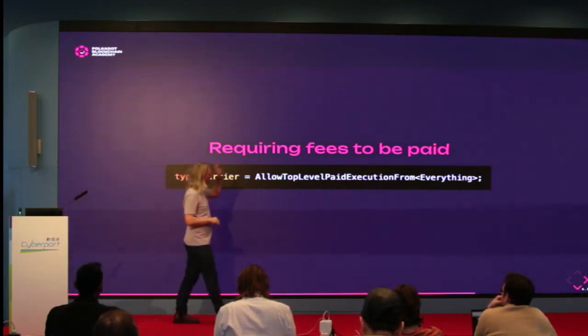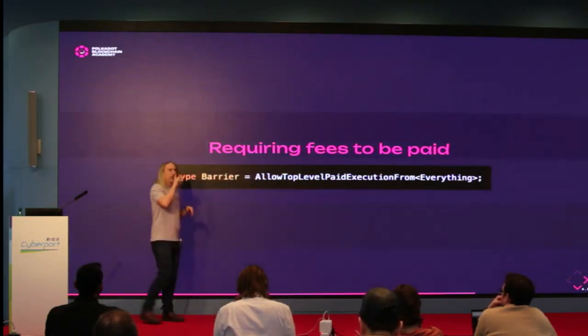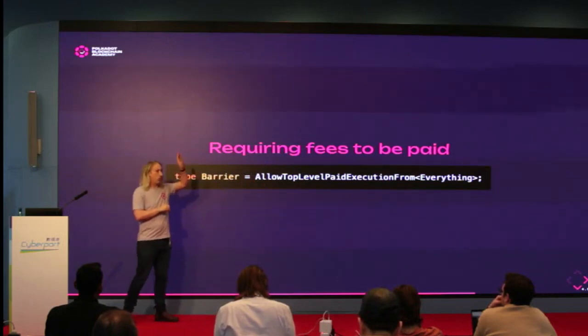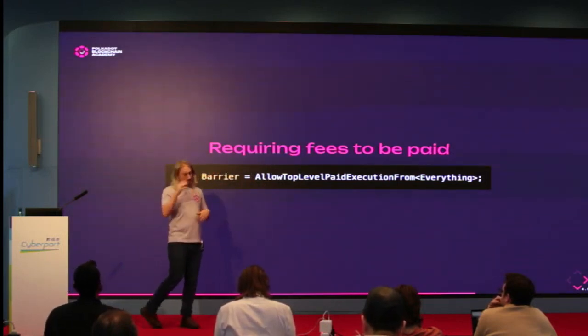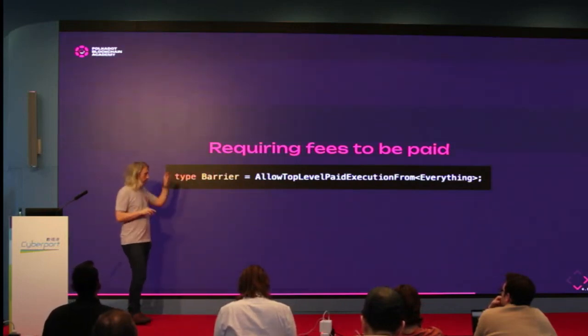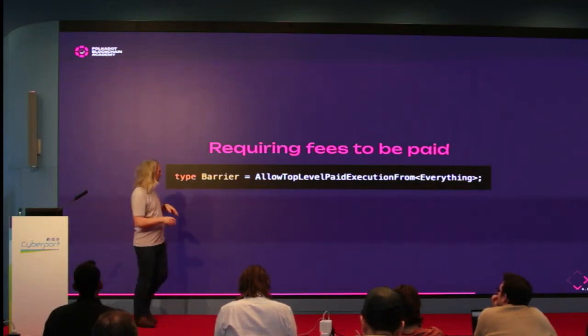So first it looks for one of those, and actually before it looks for one of those, it looks for any origin-mutating instructions, like DescendOrigin. There's a few other things that it will allow to be in there because they're very cheap to execute.